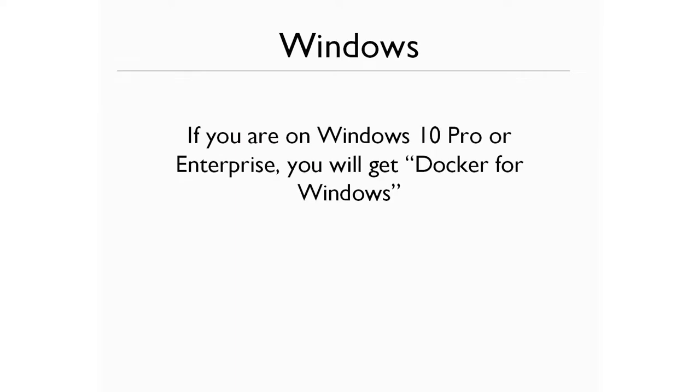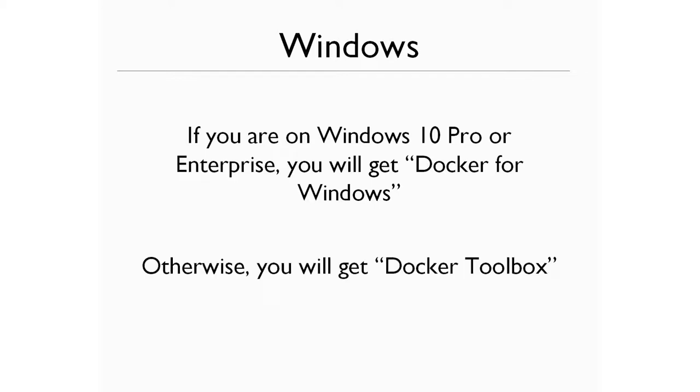If you're on Windows 10 Pro or Enterprise, or later, you're going to be downloading Docker for Windows. Otherwise, you're going to be downloading Docker Toolbox. So the otherwise here would be Windows Vista, Windows 7, or Windows 10 Home Edition. I'll talk in a moment about what Docker Toolbox is.